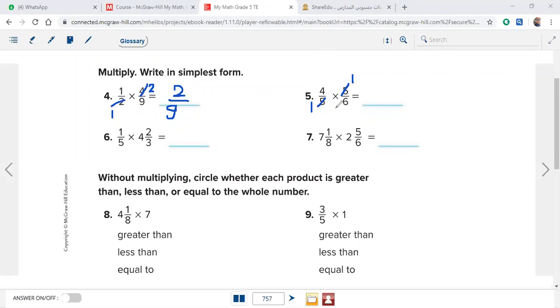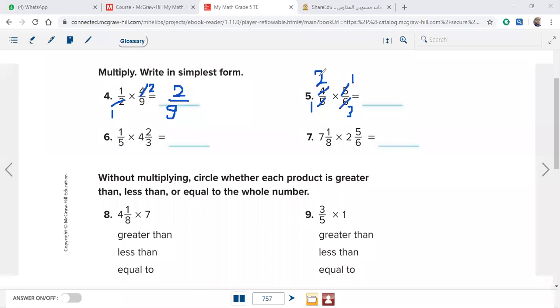And then I have to simplify 4 and 6. Both of them are in table what? Yes, in table 2. So I have to simplify 4: 4 divided by 2 equals 2, and 6 divided by 2 equals 3.